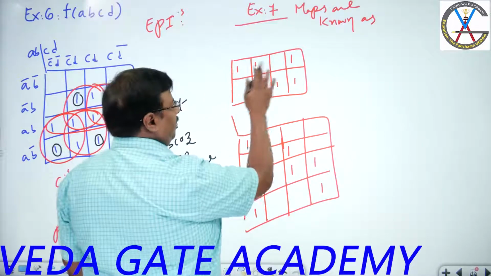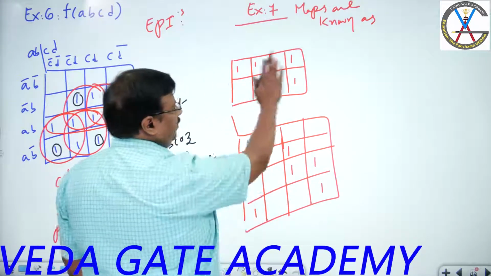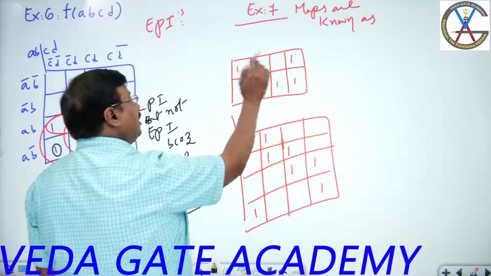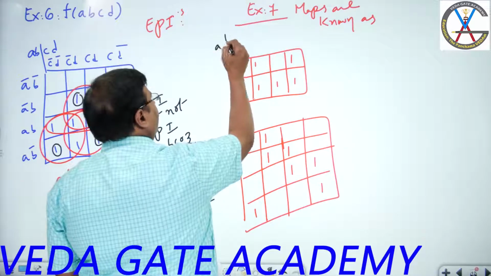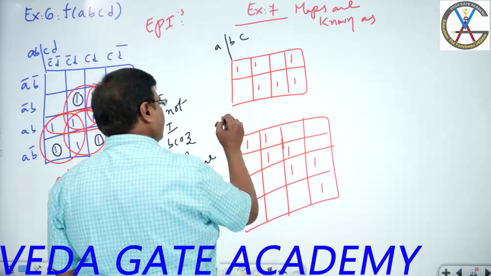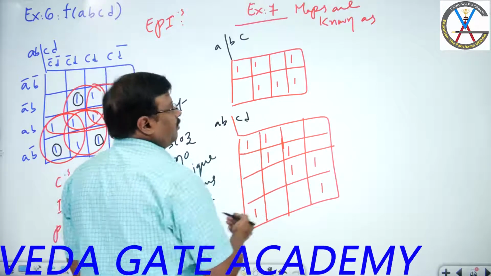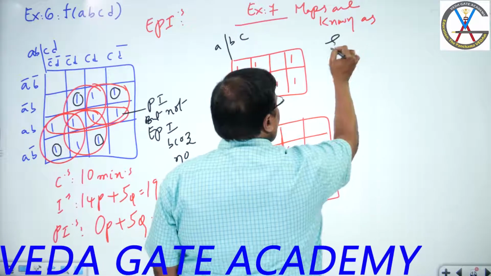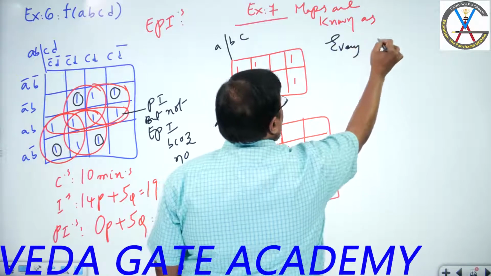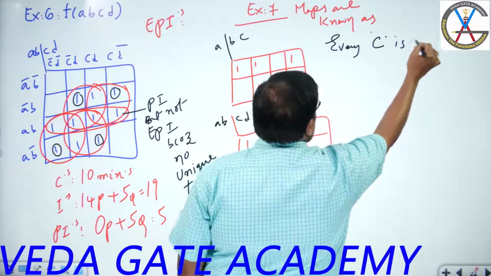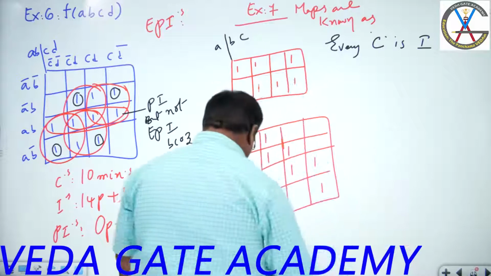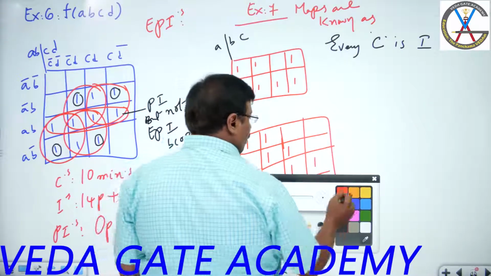Can I say every coverage is an implicant? Every coverage has at least a pair. So every coverage is an implicant. That is statement number 1.